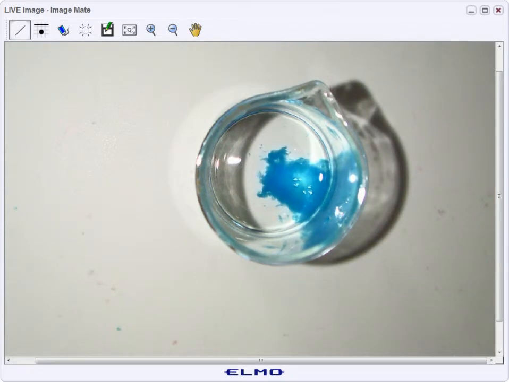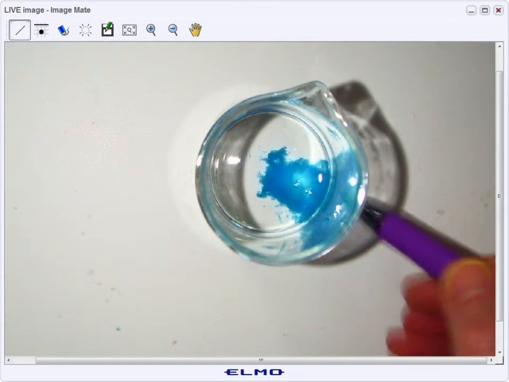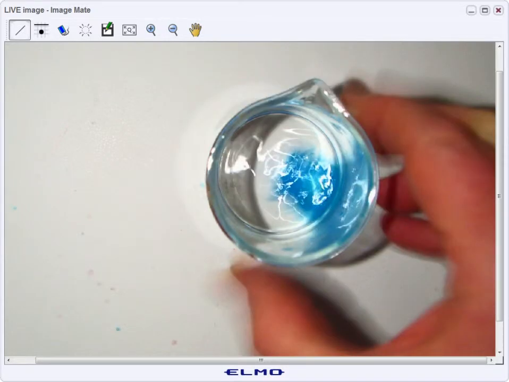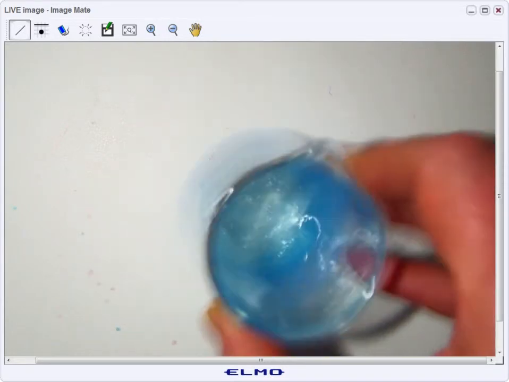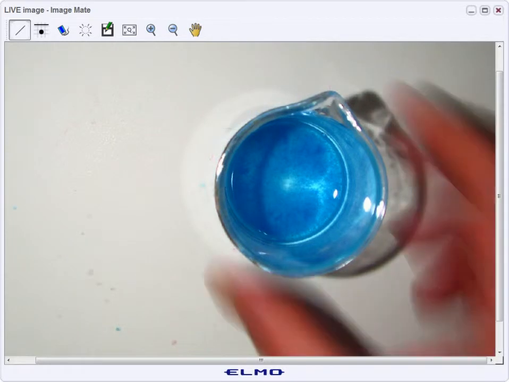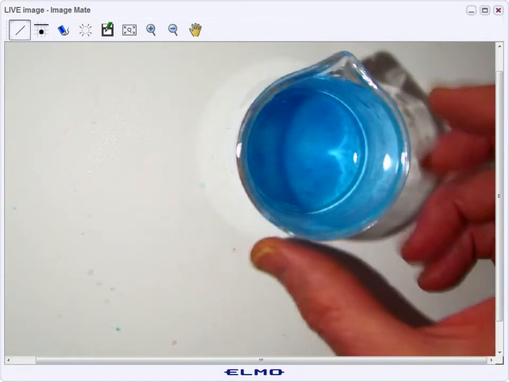Okay, that means whatever this substance is does not dissolve in water. I can mix it up and stir it up, and eventually you can see it's just not going to dissolve. Okay, that's just the way that it is.